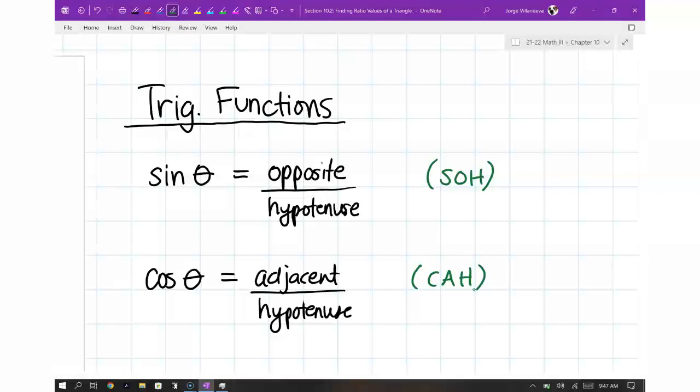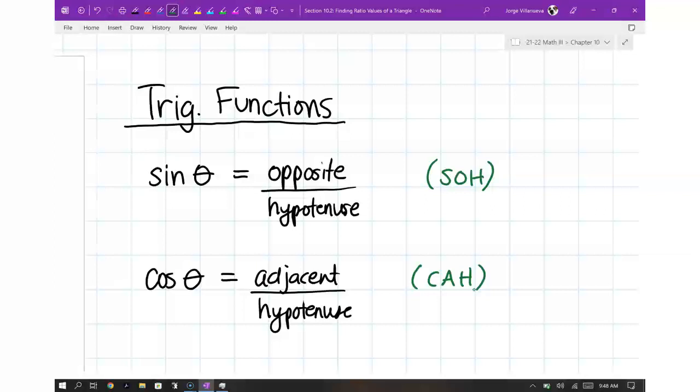So cosine of theta is equal to adjacent over hypotenuse. The word adjacent means next to, the side next to. Opposite means the side opposite of. So for sine, we're looking at the opposite side and the hypotenuse. For cosine, we're looking for the adjacent side, the side next to the angle, and the hypotenuse.